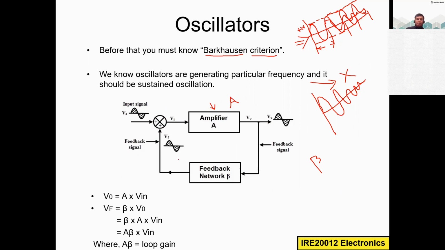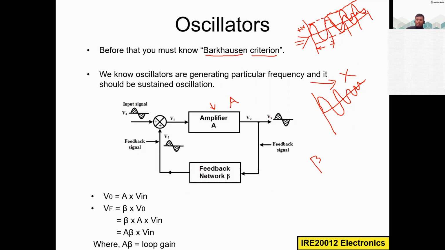Let us derive some mathematical expressions for this. Now you understand how this block diagram works. What is the output mathematically? We can write VO, the output voltage, is equal to A times V in.